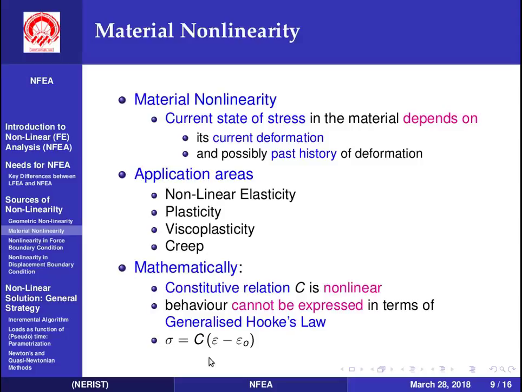So here the sigma is dependent on the nonlinear operator C and the change in strain, where this epsilon naught is my initial strain. That's how it depends on the previous loading history.